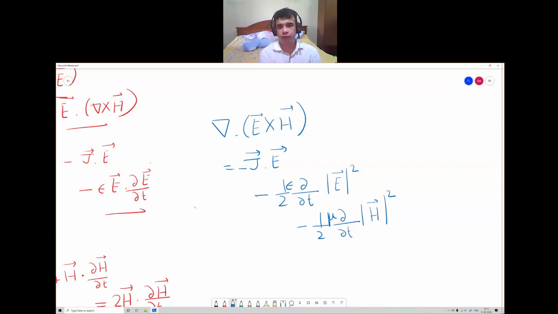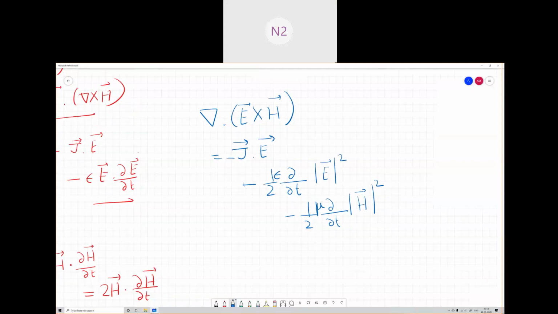Any questions up to the blue equation? Up to this is okay, sir. Up to this? Okay. Now we can do the volume integral of both sides.